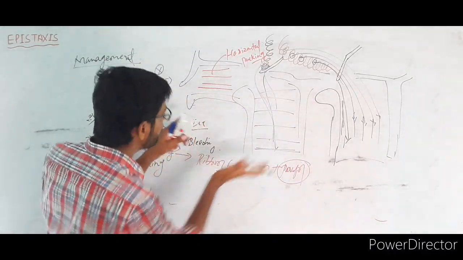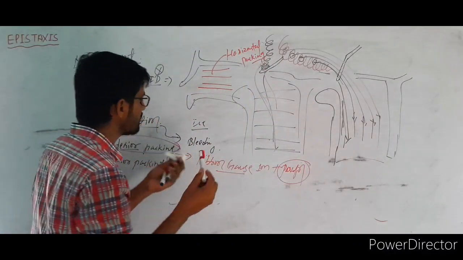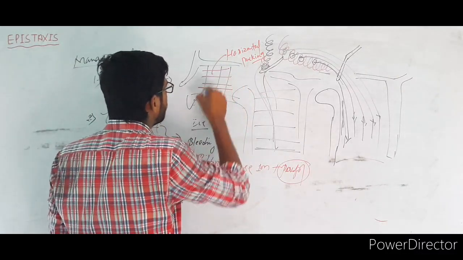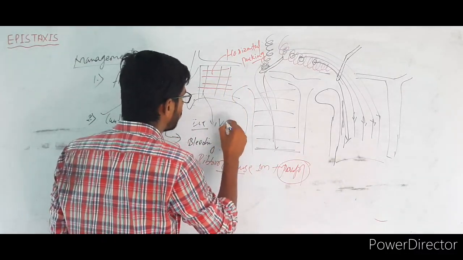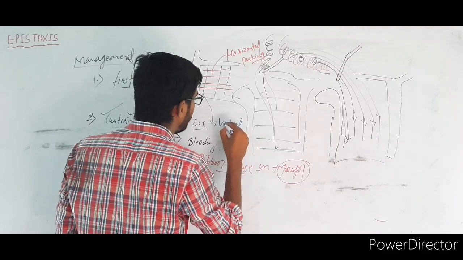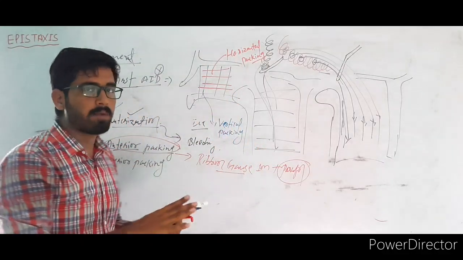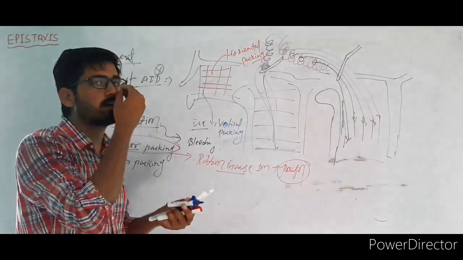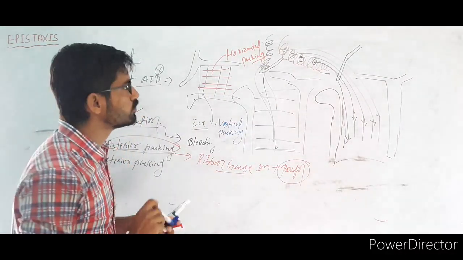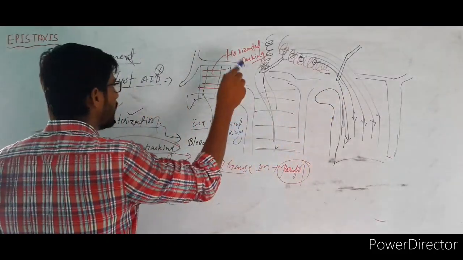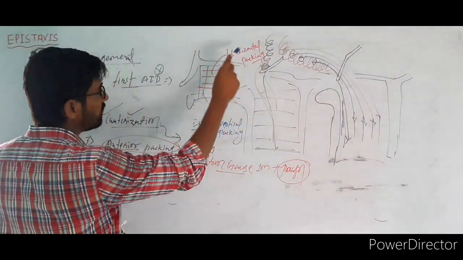When it comes like this, that is called vertical packing. Once it is inserted, after that we have to put tape here, and the packing is over. So this is how we do anterior packing, vertical and horizontal.